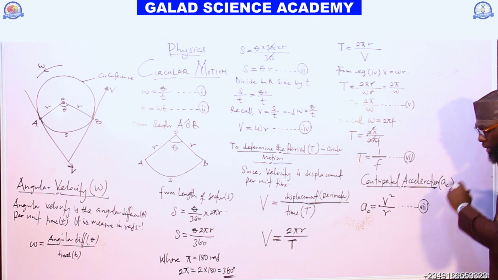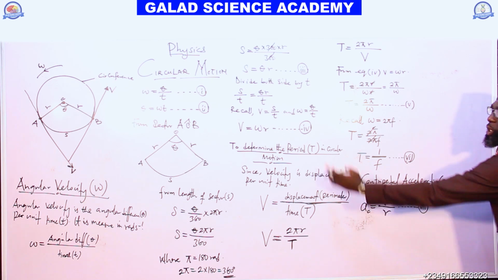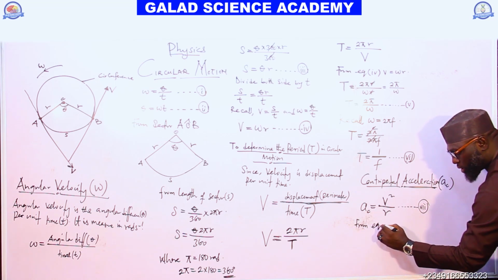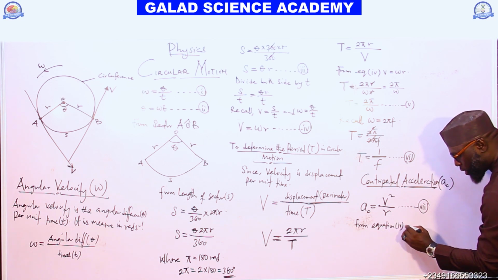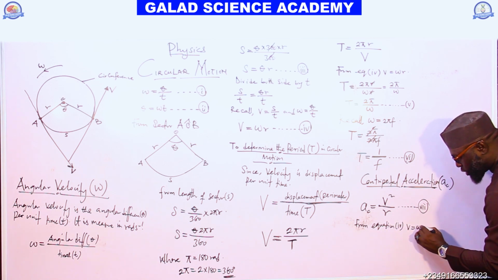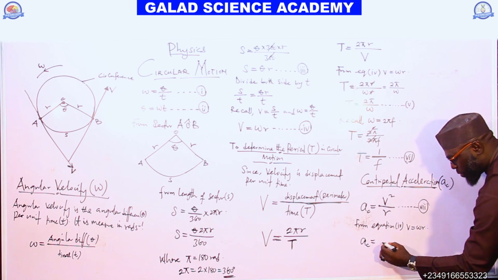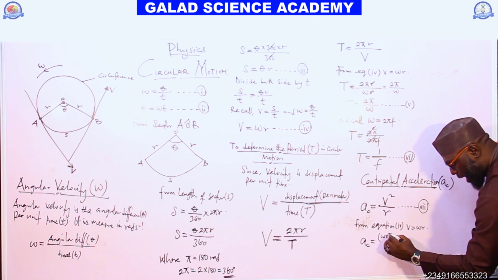So you can substitute for this v, linear velocity, from equation 4. From equation 4, our v equals omega r. Put it here. You have centripetal acceleration to be omega r, everything squared, over r.